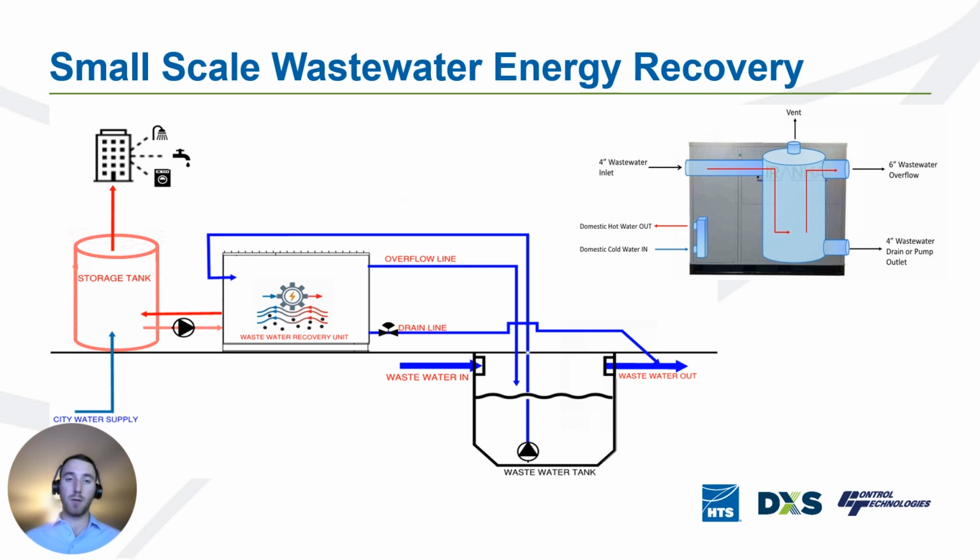So looking at simple operation here, we have city water entering a building, entering a storage tank. We're going to take some of that city water and we're going to put it into our wastewater energy recovery unit.